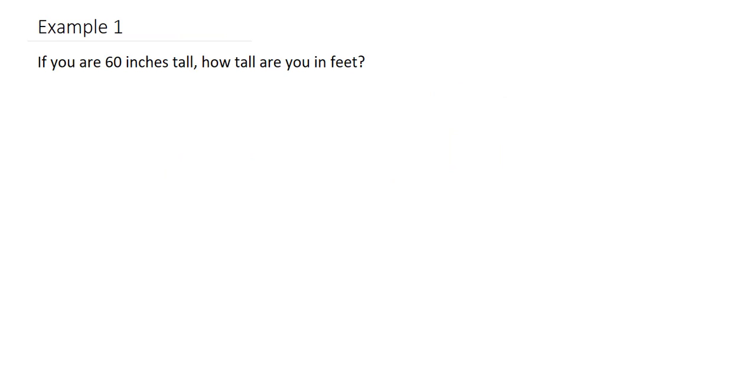Example 1: if you say you're 60 inches tall, how tall are you in feet? Well, what's the relationship that we need to understand? It's inches and feet. So 12 inches is equal to 1 foot. This is for inches and this is for feet.